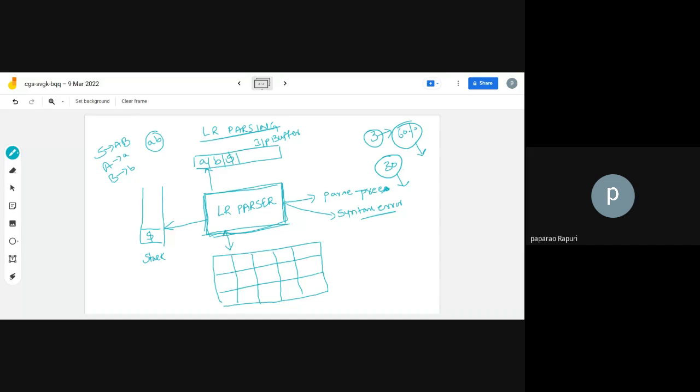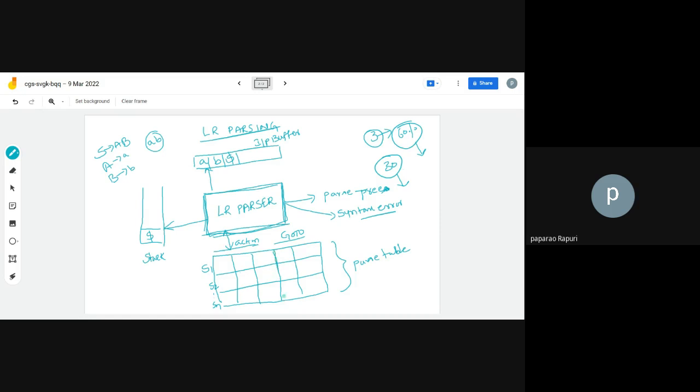Here we have four components: stack, input buffer, LR parser, and parse table. In the parse table we may have states S1, S2, and so on up to Sn, and in LR or bottom-up parsing the parse table has two parts: the action part and the go-to part.